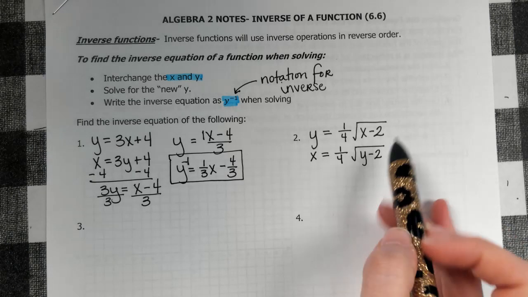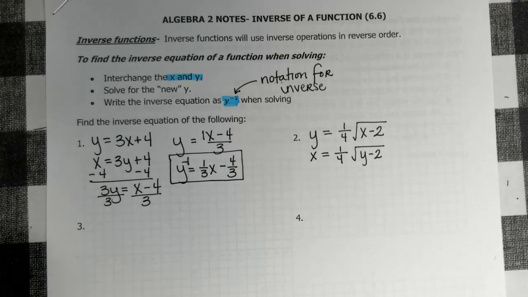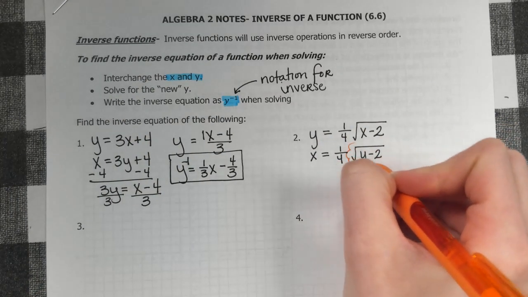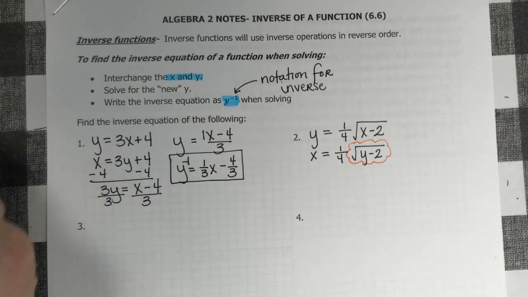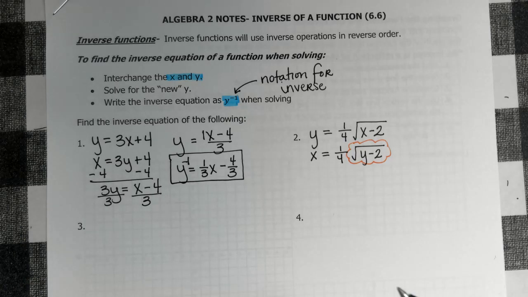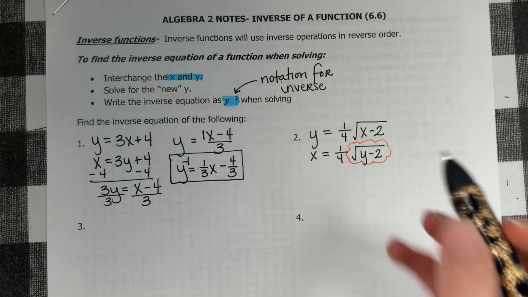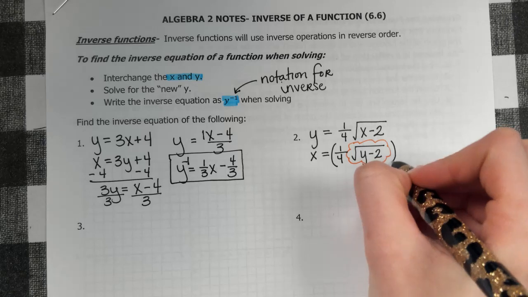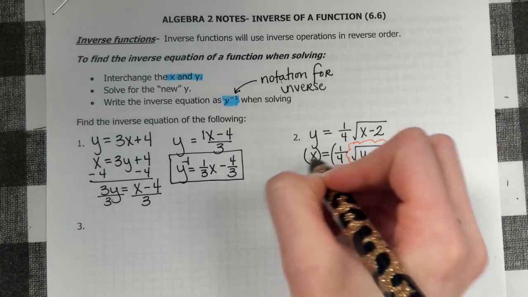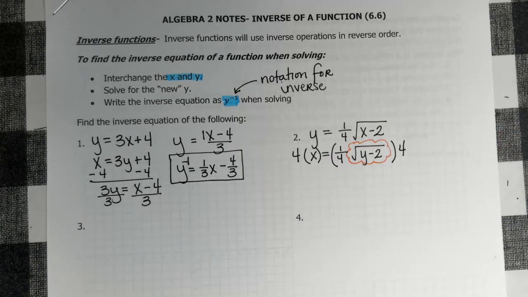Now, if I want y, that means I need this radical by itself. So what do I need to get rid of? Before I get rid of the square root symbol, I need to get rid of this 1/4. I'm going to multiply both sides by 4 to cancel out that fraction. So anytime you have a fraction, you're going to multiply by the reciprocal.